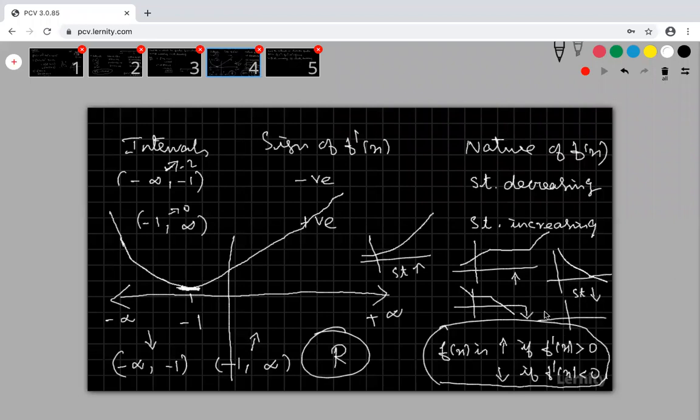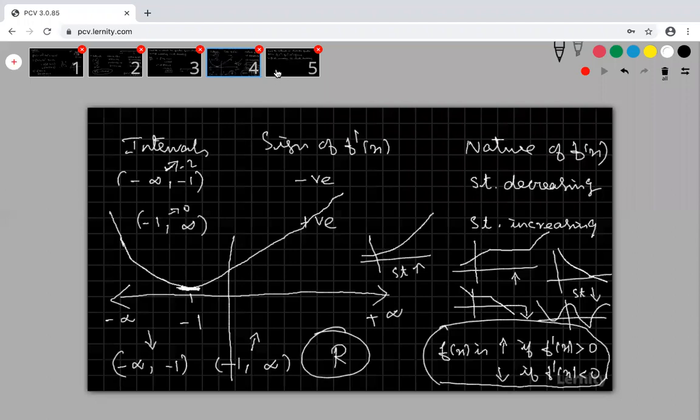But look at this function: it decreases, then increases, decreases, increases, decreases, increases. This type of function is called neither increasing nor decreasing. The entire function is neither, but in a particular interval, minus infinity to -1, it is strictly decreasing, and -1 to plus infinity, it is strictly increasing.